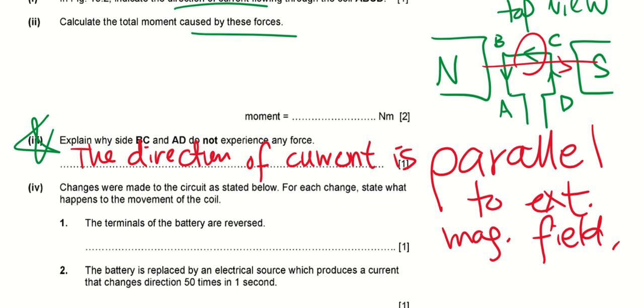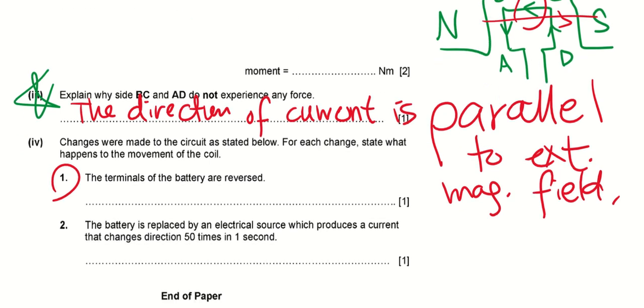Now changes were made to the coil. We have done this in our tutorial, and I'm sure some of them actually repeat, right? Our AC also changed direction. The battery is replaced by an electrical source, which produces a current that changes direction 50 times. This is your AC. So the coil will be vibrating like that, 50 times a second.